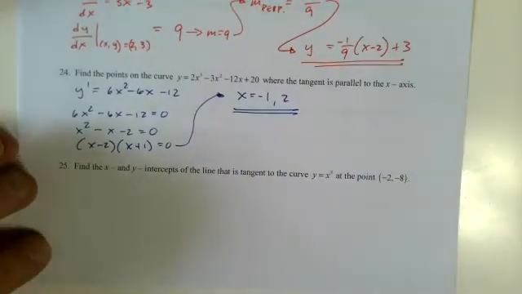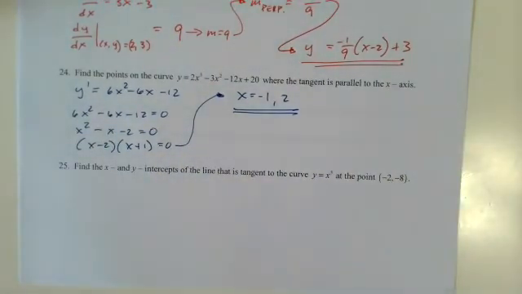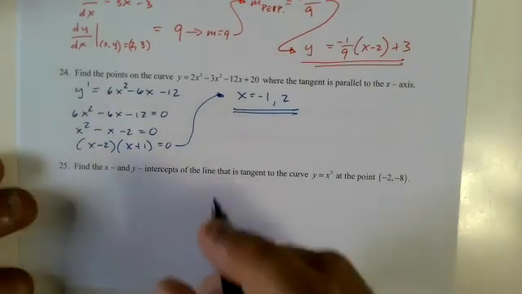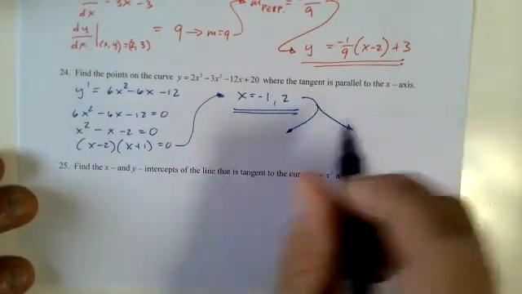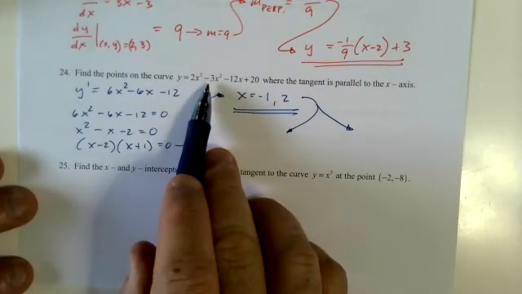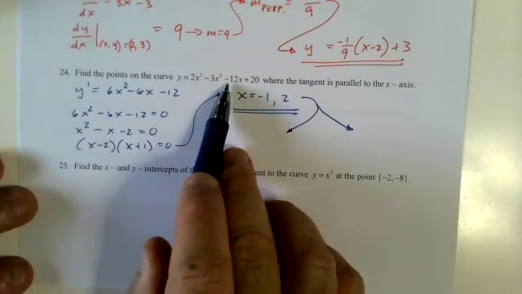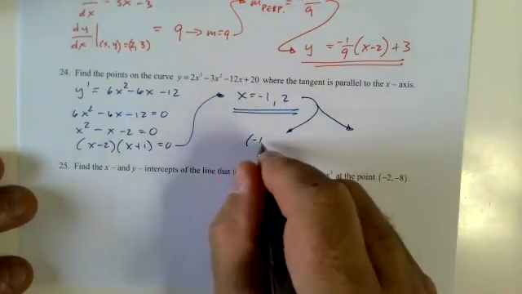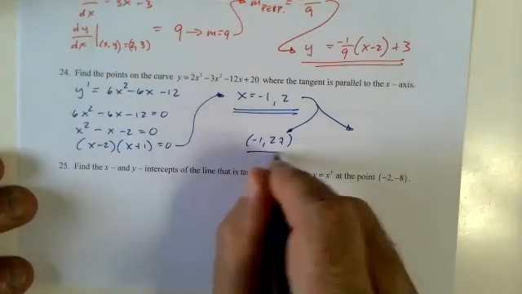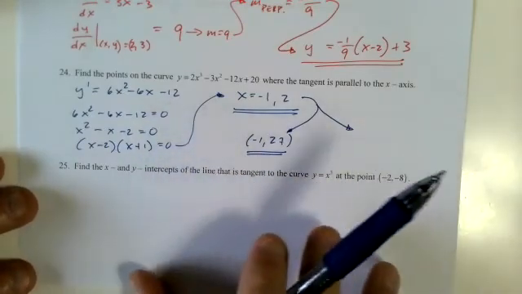Now it said find the points. Didn't say find the x values. So it said find the points. So we really need to plug them in. -1 to the third, -2, minus 3, -5, plus 12, 7, plus 20, 27. So we get -1, 27. And again, it'll be very clear about this on an AP test.